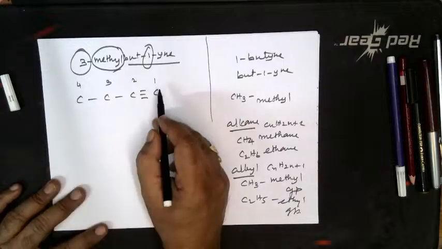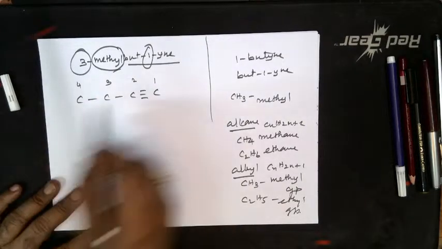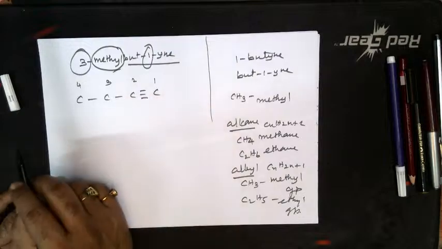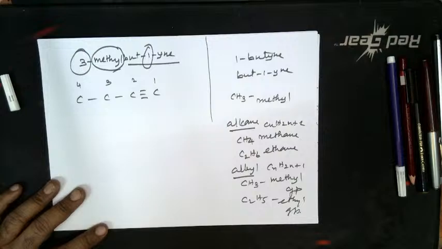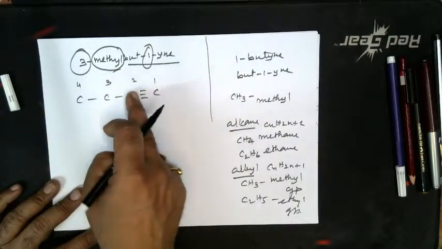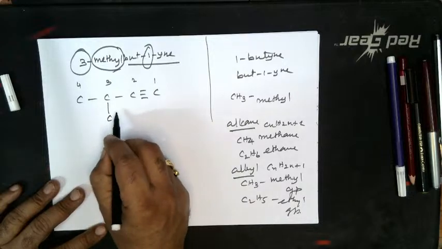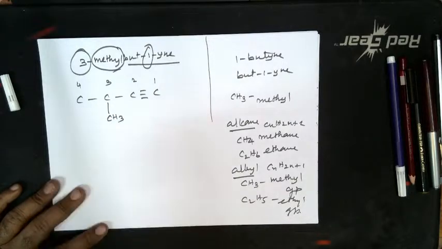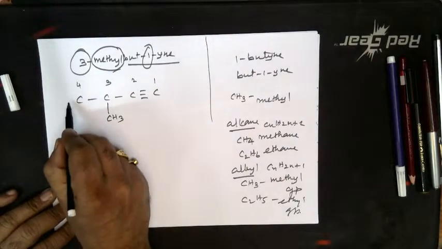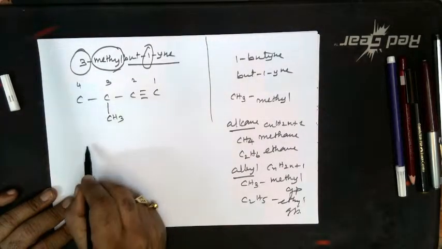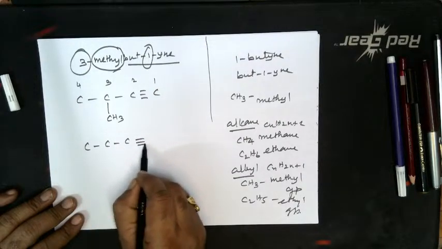So now the methyl group is substituted. Where do we have to substitute? In the third position: 1, 2, 3. As far as a bond is concerned, you have to consider in-between bonds. As far as a carbon atom is concerned, you have to count the carbon atom. So at the third position carbon, you can put CH3. Now you can fill up with the hydrogens. The best thing is to write it again, otherwise you will get confused.